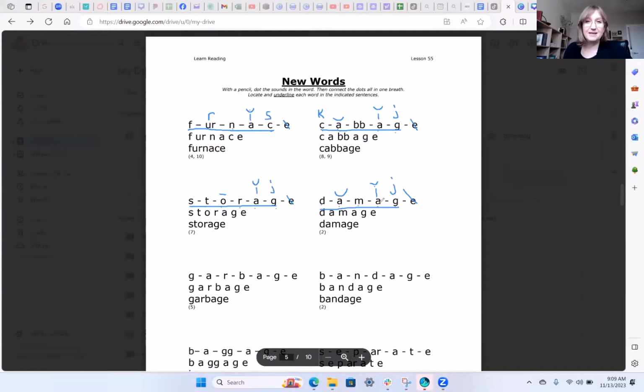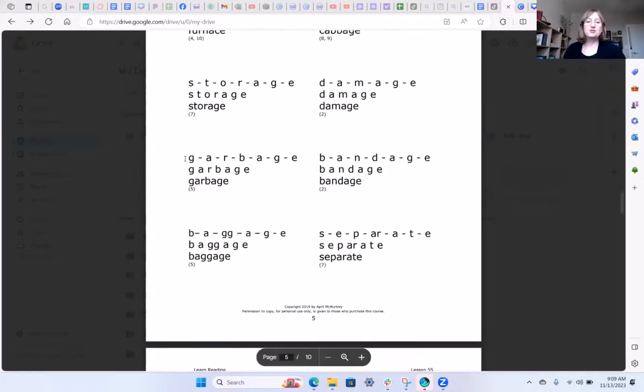This A says I because of that unit that we are learning about, A consonant E at the end. G makes its soft sound because there's an E after it, and the E is silent. So the sounds are D, A, M, I, J. Putting them together, damage, damage. Well done.